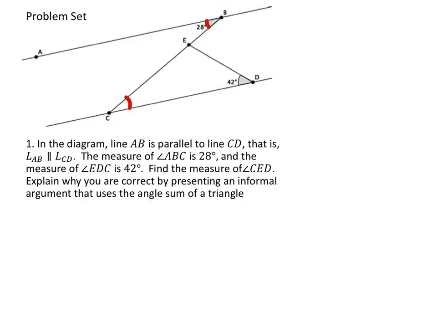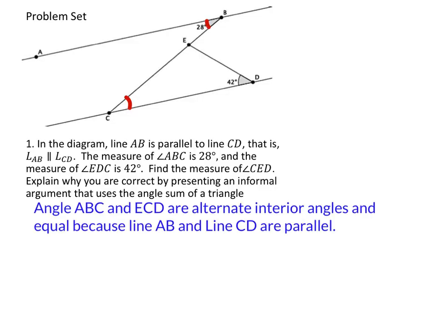Okay. And the two lines are parallel, so we'll write that in. Alright, so we know then that angle ECD is 28 degrees. And we already got this angle at 42 degrees, which is nice. So if we wanted to figure out this third angle, angle CED, then all we got to do is take these two angles at 28 degrees and 42 degrees.